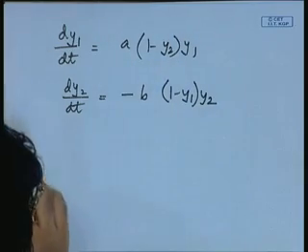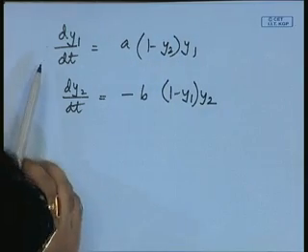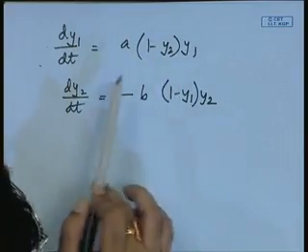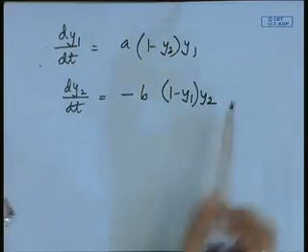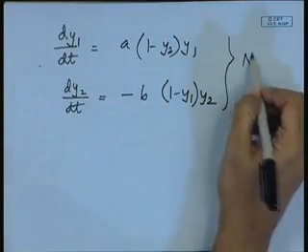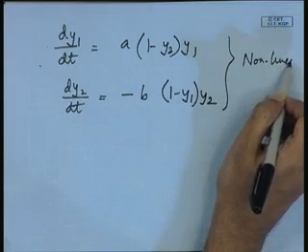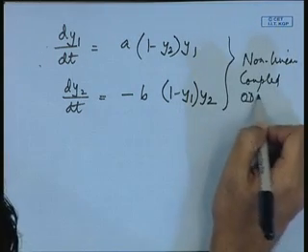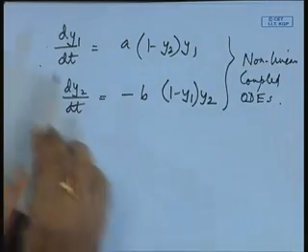So, how do I solve these equations? If you look at these two equations, both are functions of time, and each of them involves a coupling. So, each of them are nonlinear, coupled ODEs. Okay. Can I solve them as it is?